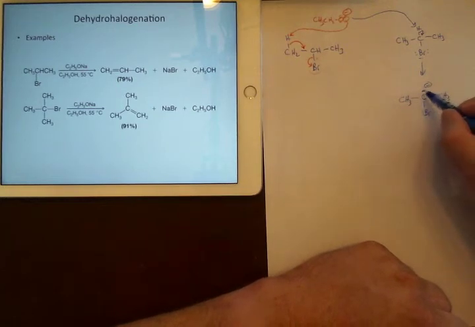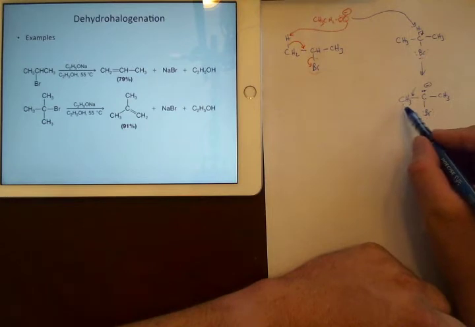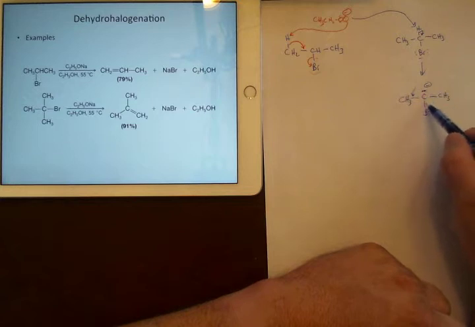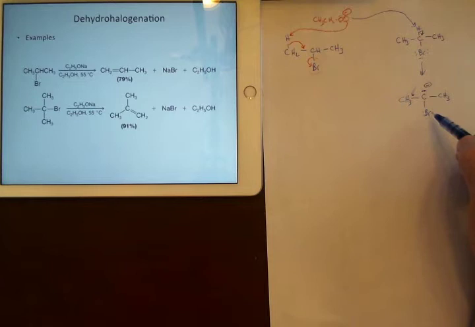If it were to go here to make a double bond, you'd have to break a carbon-hydrogen bond. The same goes with this one: if you collapsed it down here, you'd make a double bond with that bromine, and that's not going to be particularly happy, because that would cause the bromine to have, let's see, 1, 2, 3, 4, 5, 6, 7, 8.